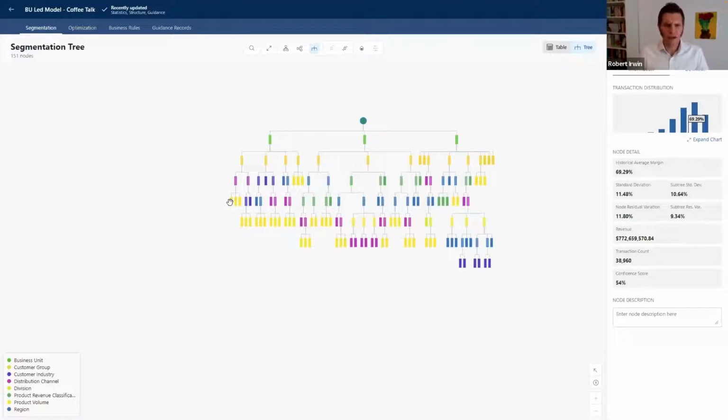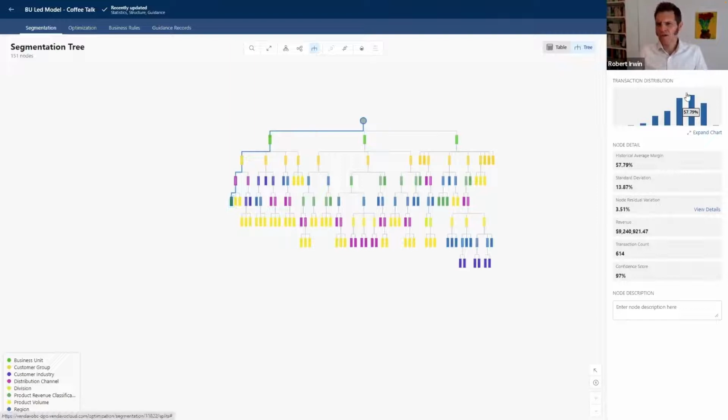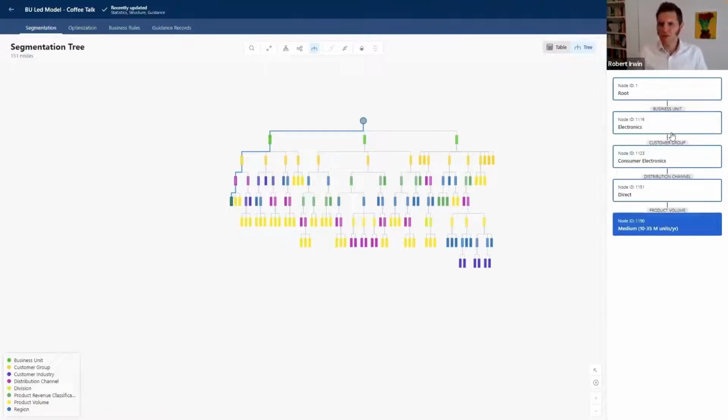So let me take an example segment here. So this is a segment that's in the electronics business. And that business unit structure here at the top of the model was something that I selected. I then asked the algorithm to run, and it was the algorithm that chose these different dimensions as the best dimensions in that order to explain willingness to pay.